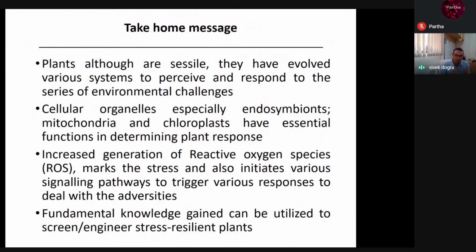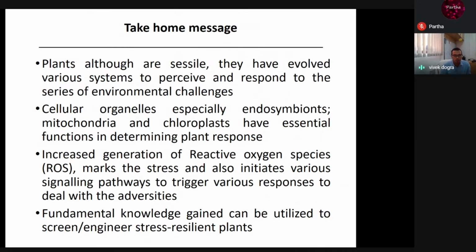It is very important that cellular organelles, especially endosymbionts, mitochondria and the chloroplast, have essential functions in determining these plant responses because they can sense the stress. The increased generation of reactive oxygen species, ROS, as we all know, marks the stress, and they also initiate various signaling pathways to trigger various responses to deal with the adversities.